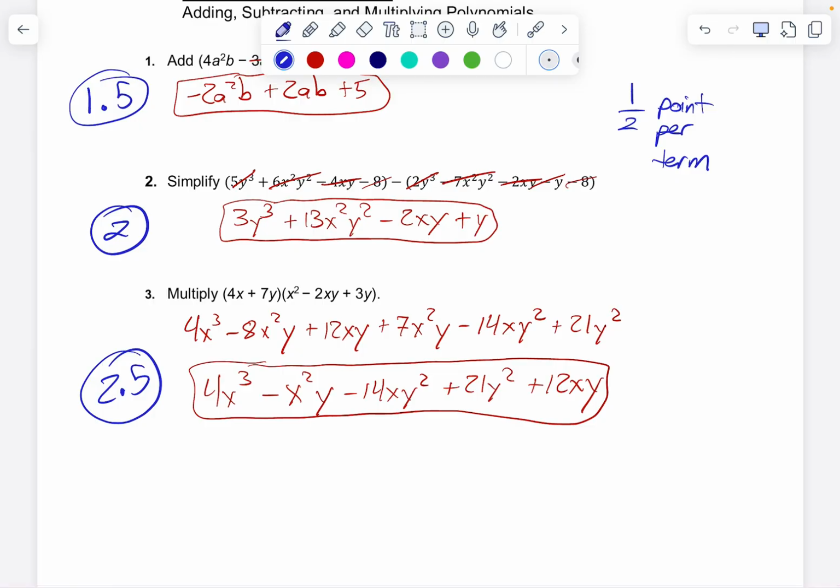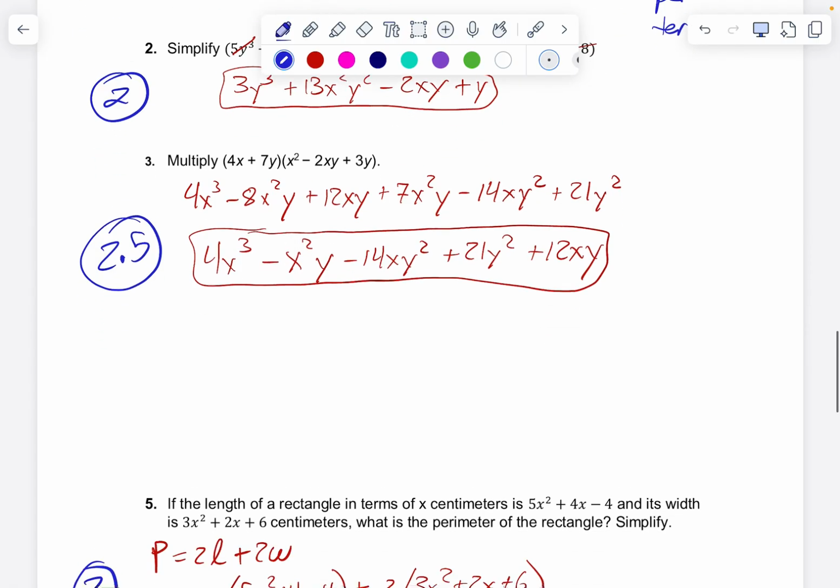If we take the entire power of this term, it would be 2 plus 1 is 3, and then 1 plus 2, that's also 3, and then 2 and 2. Anyway, I haven't mentioned it for these mixed variable kind, so don't take off points for that if it's not in standard form. I mean, the x cubed term should be first. But, all right, and then finally, I'll try to leave this one up here.